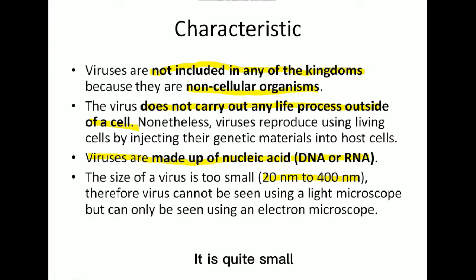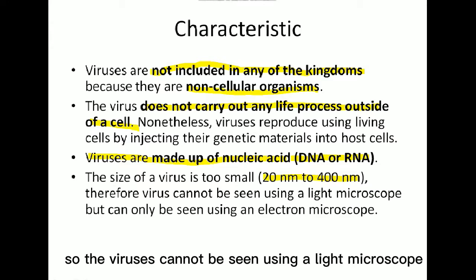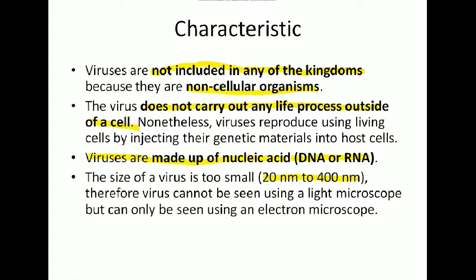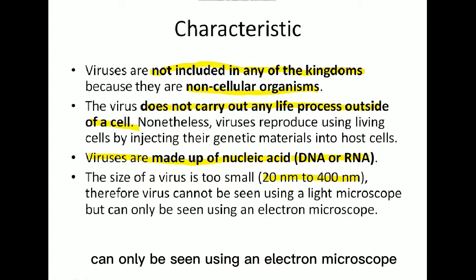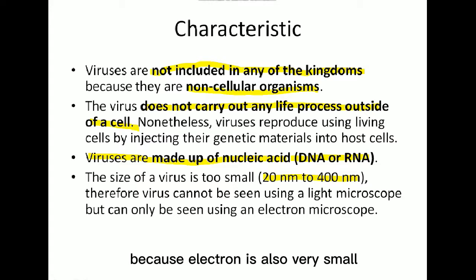Because the virus is too small, it cannot be seen by using a light microscope and can only be seen using an electron microscope, because electrons are also very small. So if we use the electron microscope, we can see the virus.